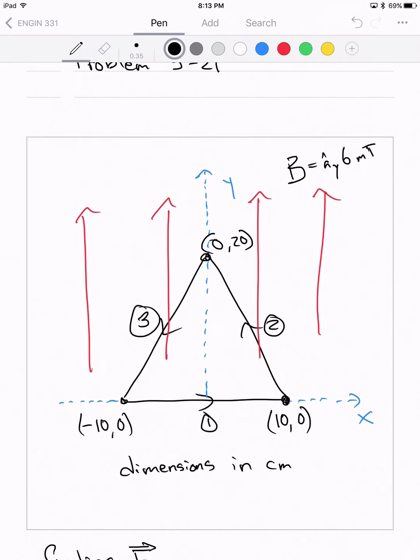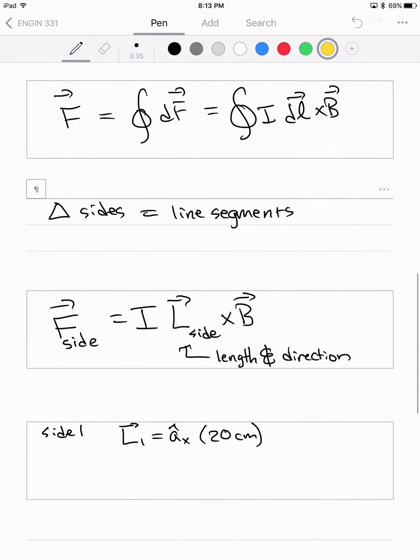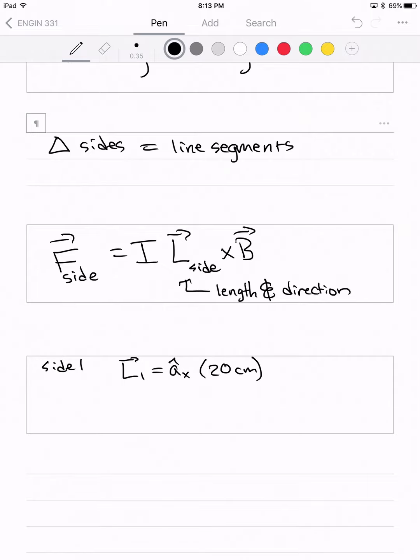We are looking at side number 1 right there. Its length is from minus 10 to plus 10 centimeters, and it is x-directed, positive x, because here we've got the current directed to the right. Current is going counterclockwise around our triangle in this situation.